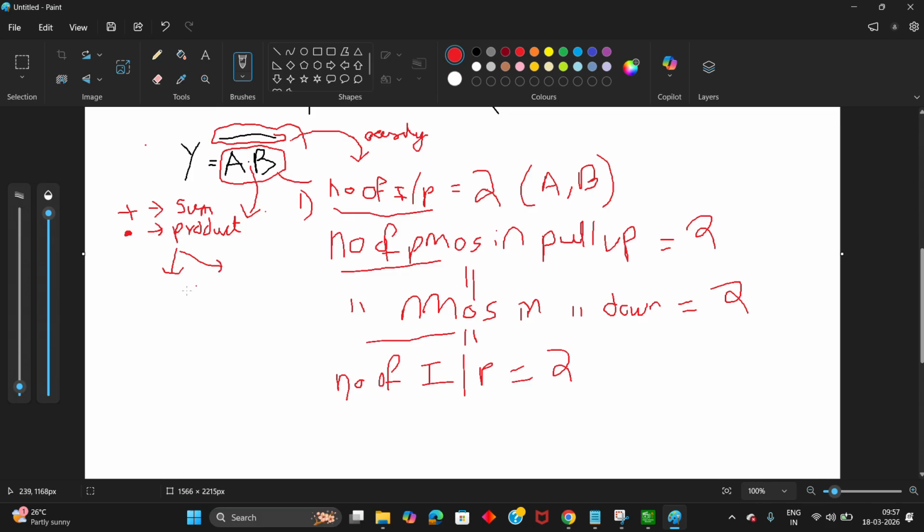One is to connect the PMOS transistors in parallel in the pull-up network, and you need to connect the NMOS transistors in series in the pull-down network.